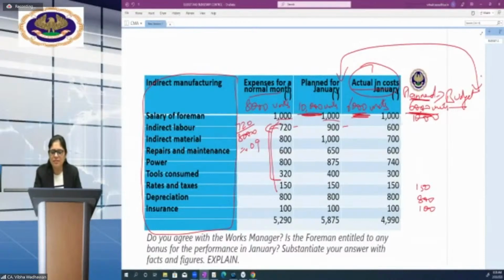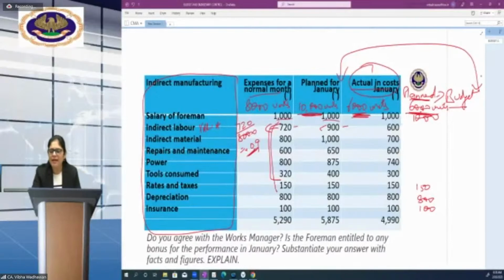Now multiply it by 10,000, 0.09 into 10,000, it's coming 900. 0.09 into 8,000 is 720, into 10,000 is 900. That means indirect labor is variable, because 0.09 is actually coming as a constant variable cost.